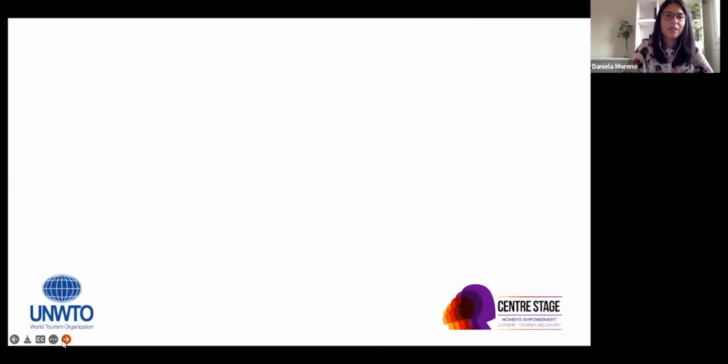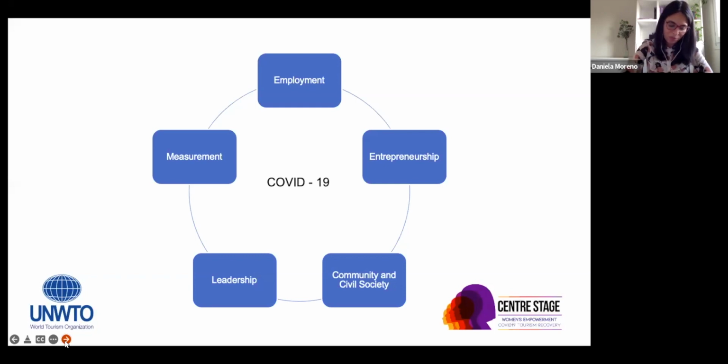So here in this next slide, we have the diagram. This diagram is showing the essential elements that we have to consider if we really want to include gender equality in tourist development. As you may know, these are the UNWTO pillars on gender and tourism.